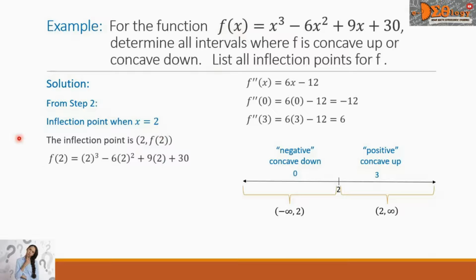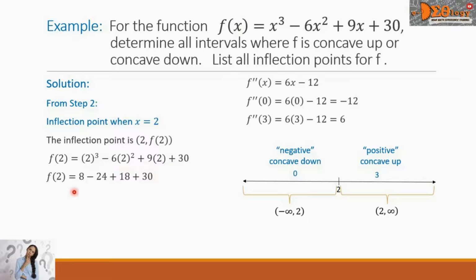So we have f of 2 equals 2 cubed minus 6 times 2 squared plus 9 times 2 plus 30. We can simplify 2 cubed into 8, minus the 6 times 2 squared is 24, plus 9 times 2 is 18, and then plus 30.